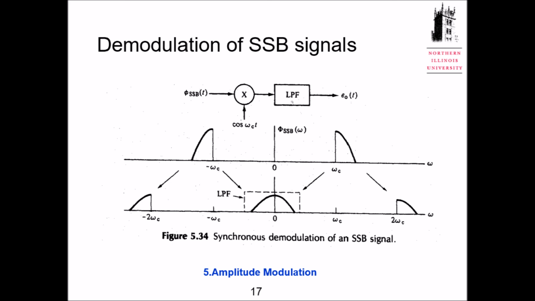We mix with the carrier, so this one moves higher, into the higher frequency. After the low pass filter, the high frequency parts are gone. Only this one is left. So even a single sideband carries all the required information for the demodulation.